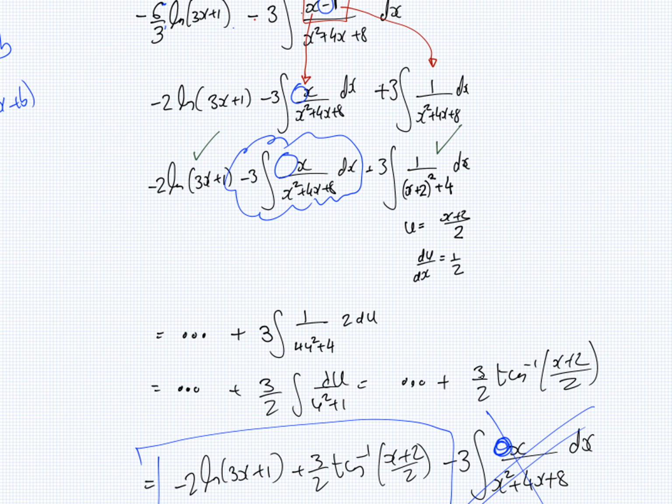Yeah, sorry, that's a 4u squared plus 4 is what this piece is here. I just wrote the dot dot dot here because of the other pieces. I just have to work it out.